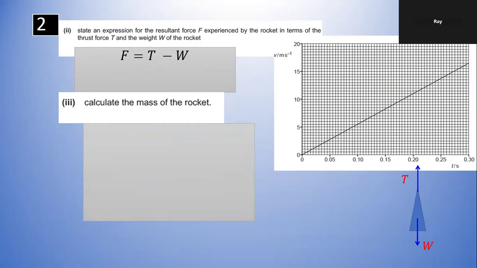If the rocket is falling down, then the weight is greater than the thrust, so it's W minus T. But if it's going up, it's T minus W for this case. What if it's stationary? Stationary then T equals W, no resultant force. So it depends on its motion. If it's moving, then it continues to move. If it's stationary, then it remains stationary.